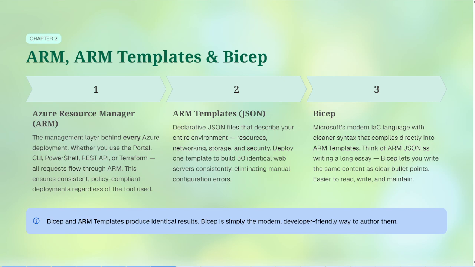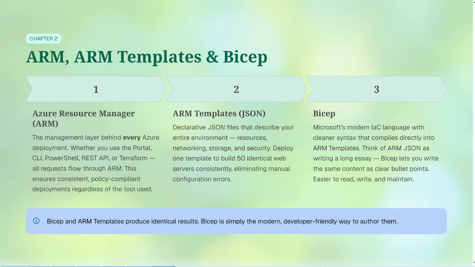Imagine a cloud architect needs to deploy a complete application environment. That environment includes two virtual machines, one storage account, one virtual network, and one Azure SQL database. Instead of writing hundreds of lines of JSON, the architect writes a concise Bicep file.